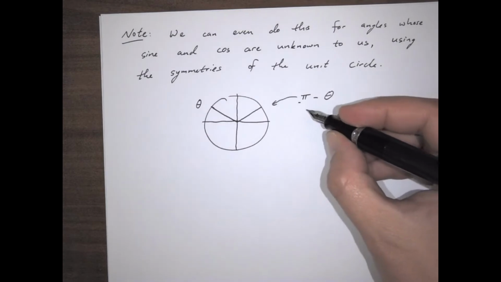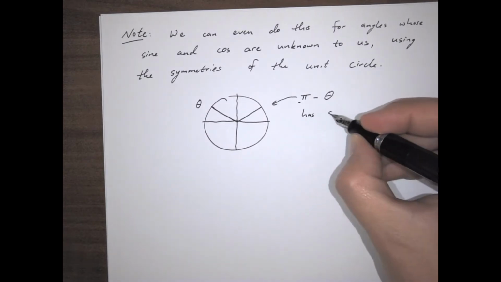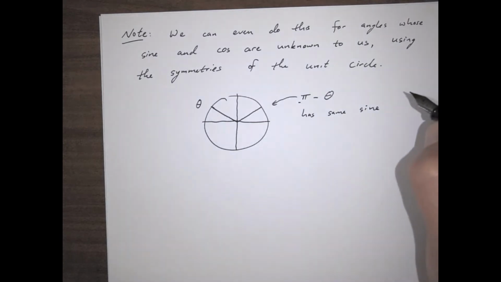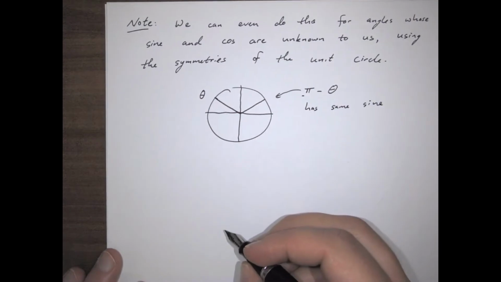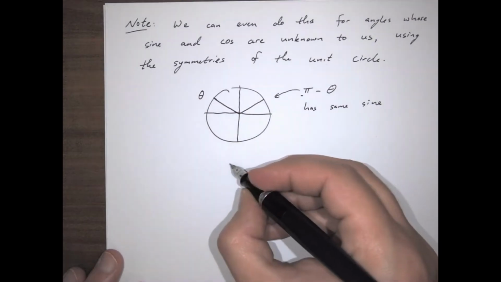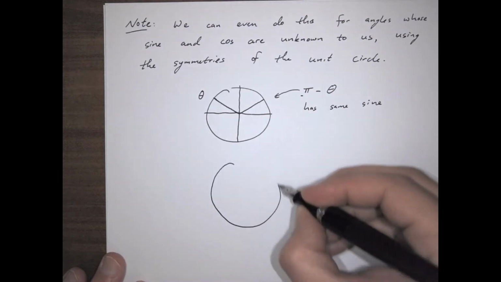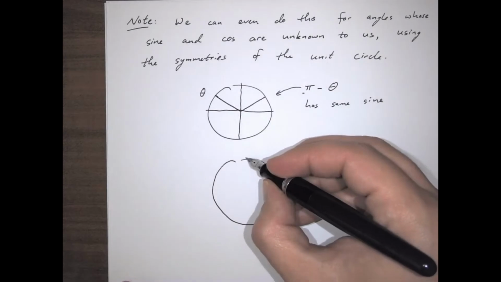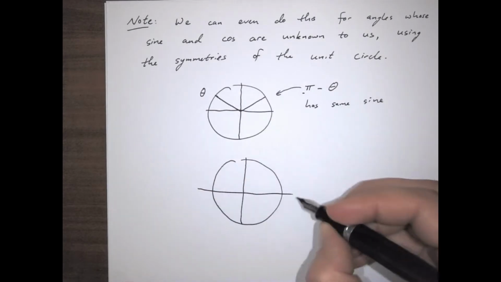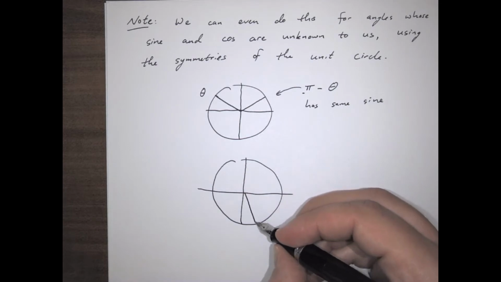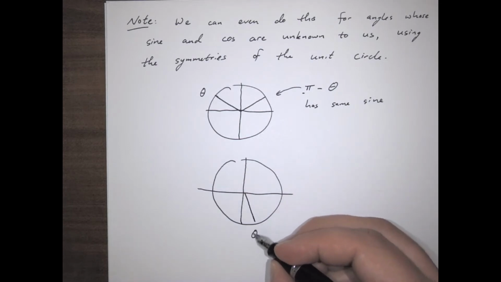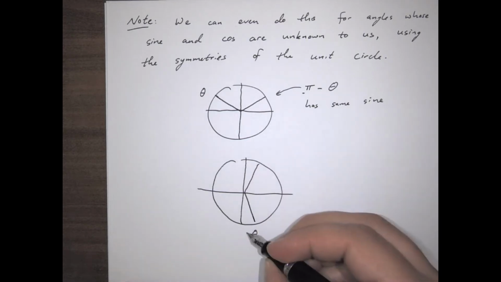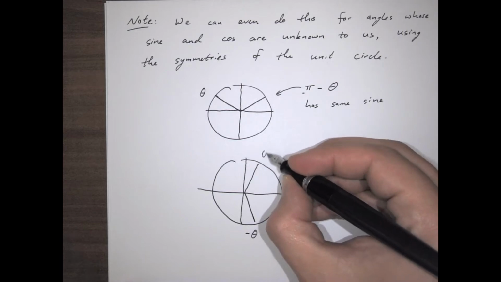And this has the same sine. That's going to happen when it's a sine that we want to use. Let's say it's a cosine, and our angle is down here. Or just to avoid confusion, I'll write this one as negative theta, and this one will be positive theta.